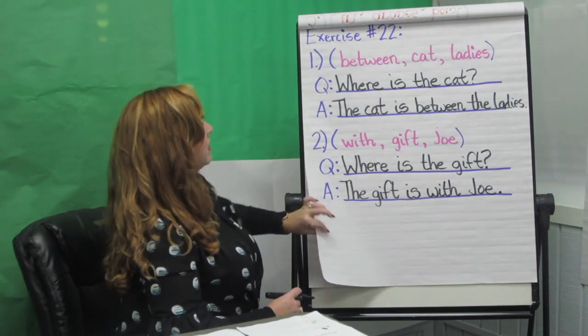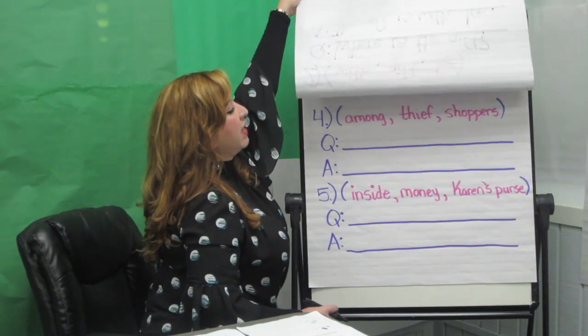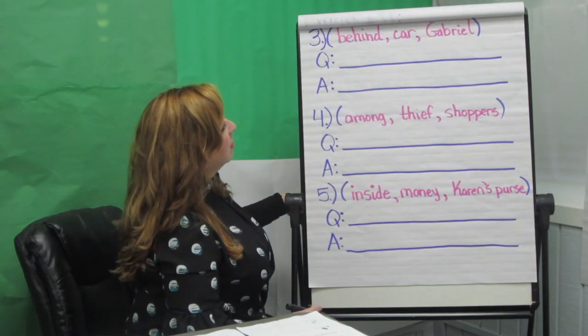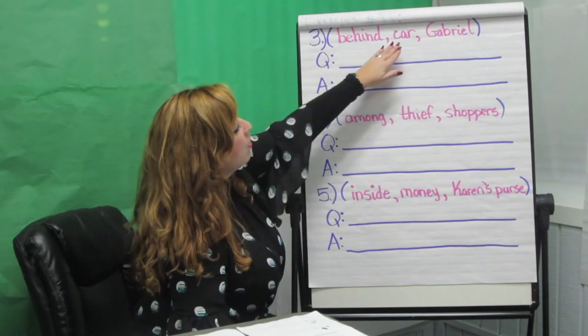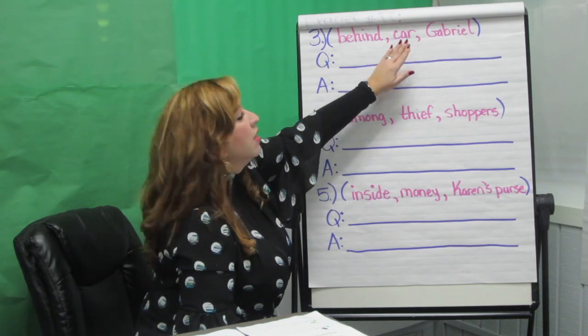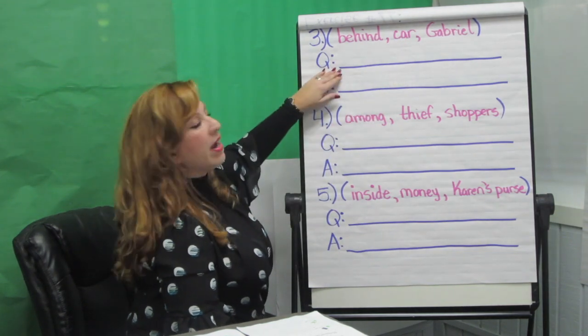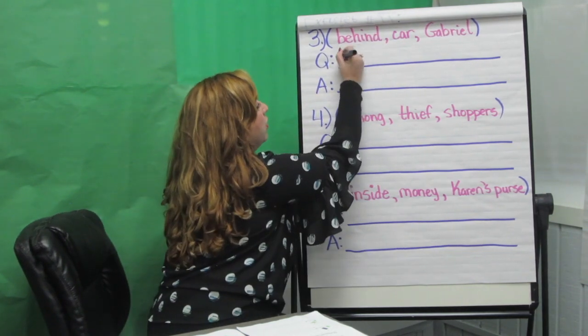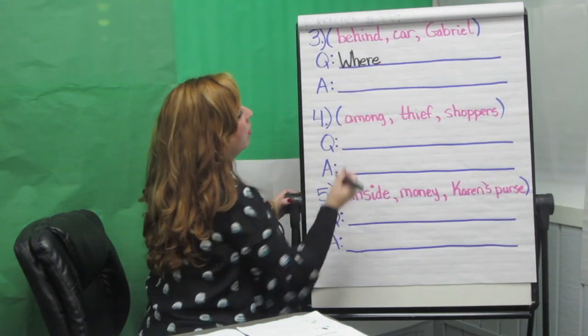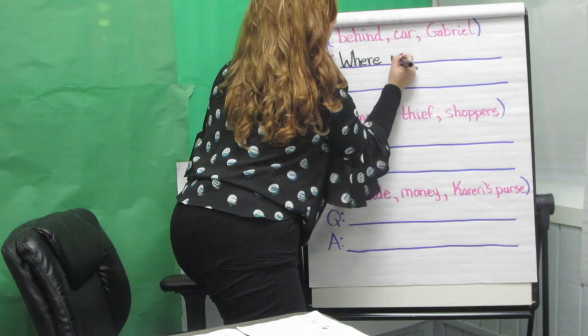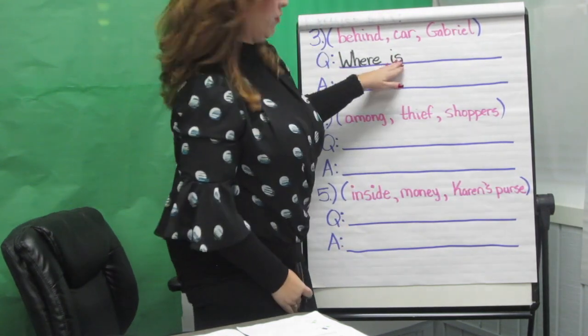Okay, let's try another exercise together. So in number 3, we could see that our noun is car. Okay, so where is the question word? Where is our helping verb.